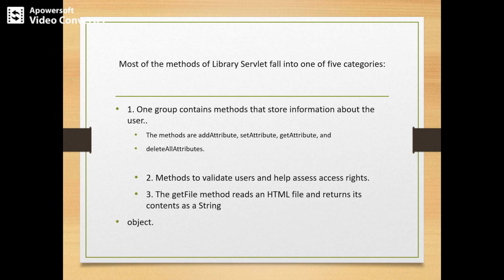The access specifier or access right will be taken into account. The validate super user method checks whether the user is a super user or an ordinary member, so that we need to take into account. This method, library invocation, returns true if and only if the user has logged in from a formal terminal located within the library, not outside the library.